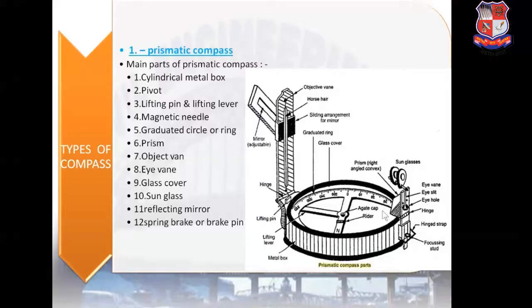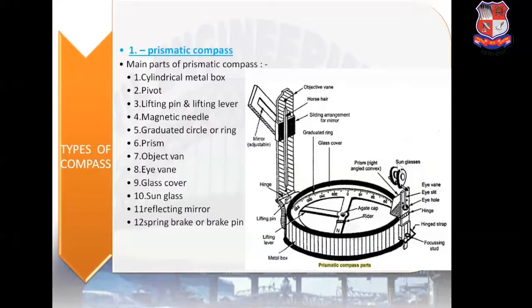Prism, here prism is provided. Then object vane, this is known as the object vane. Eye vane, this whole assembly is known as the eye vane. Glass cover here on the top of the prismatic compass.